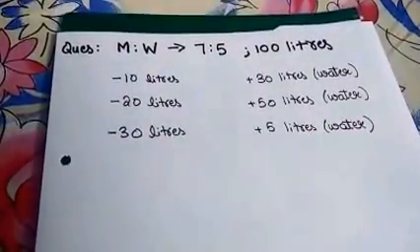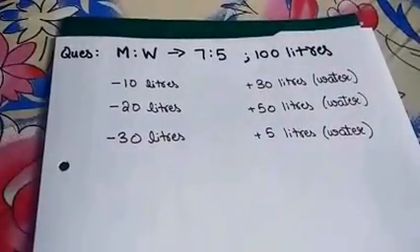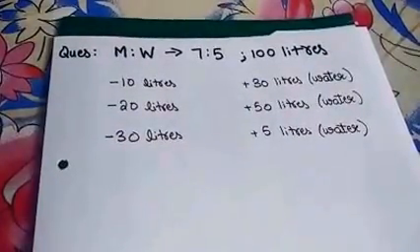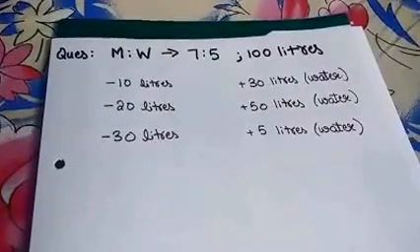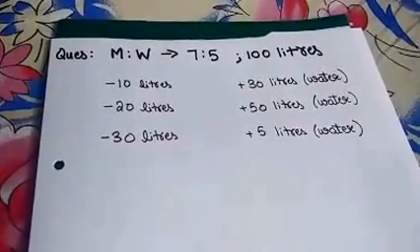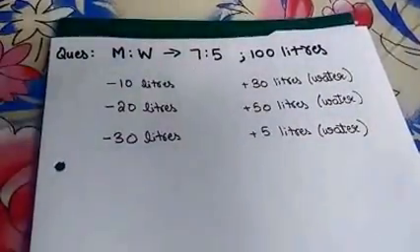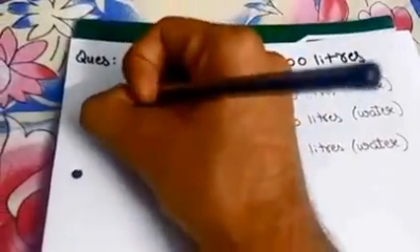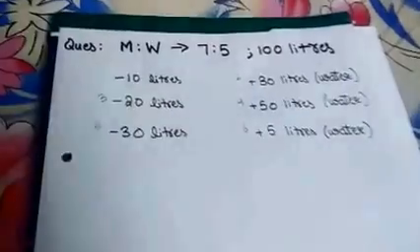Okay, people. So now we have this question with us, and I have jotted down the main points. The question is that in total we have 100 liters, and milk and water are mixed in the ratio 7 is to 5. And then these activities are performed, in this order.